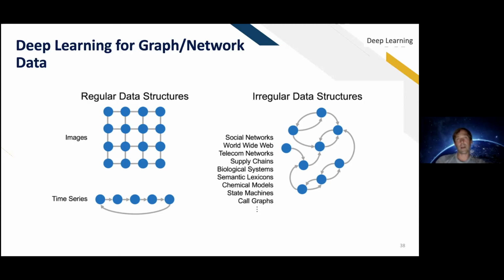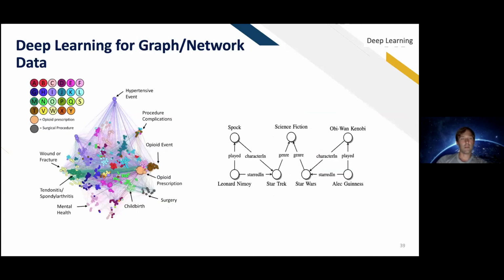And a big area that's now growing is knowledge graphs, where you have connections between different concepts and the relationships between them, through graph structures and deep learning networks that learn on graph structures.